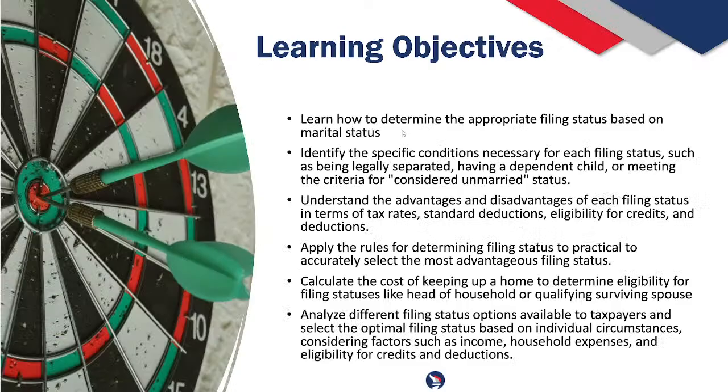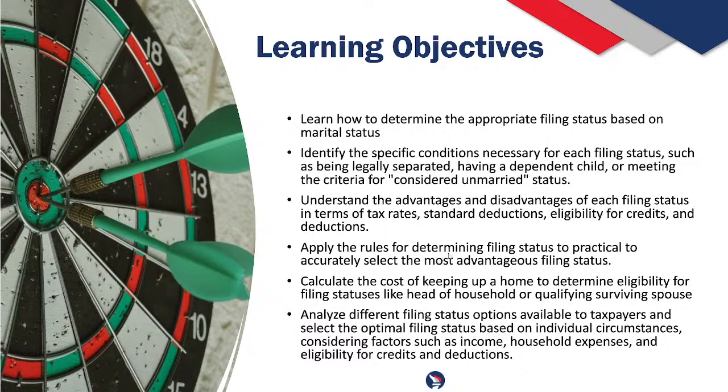We want to learn how to determine the appropriate filing status based on marital status. Identify the specific conditions necessary for each filing status, such as being legally separated, having a dependent child, or meeting the criteria to be considered unmarried. And that one's a little tricky. Understand the advantages and disadvantages of each filing status in terms of tax rates, standard deductions, eligibility for credits and deductions.